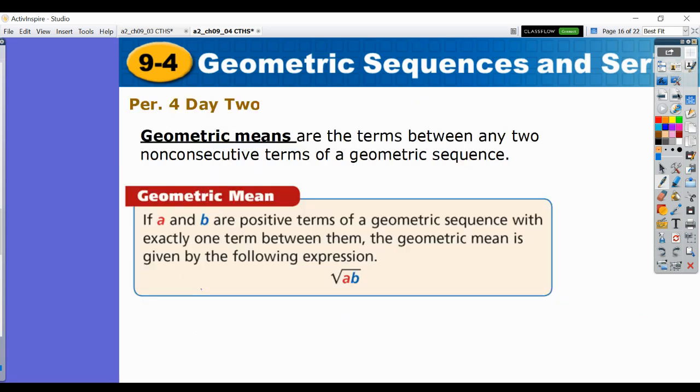Okay, this is a little side note from this lesson, and then we'll come back to sequences in a second. But geometric mean. I'm not sure if you remember when you learned mean, median, mode way back, middle school maybe. The mean is actually the average. The reason that it's not called average is because it's also called arithmetic mean.